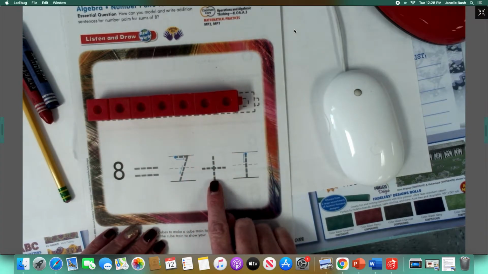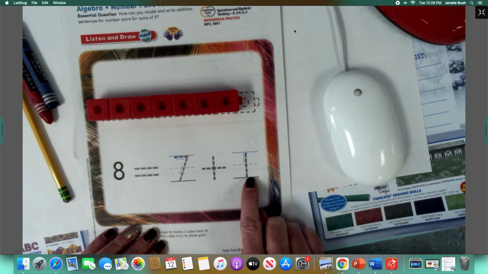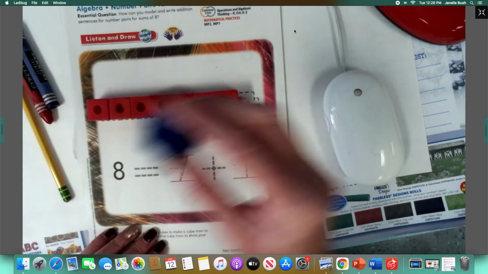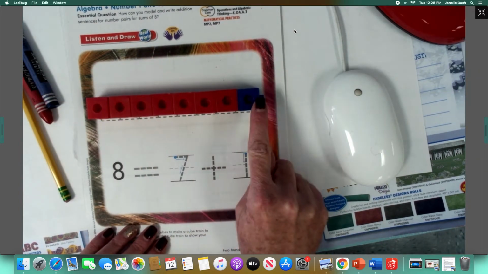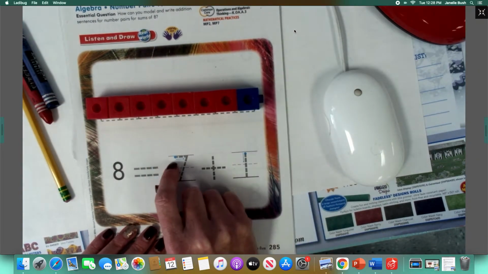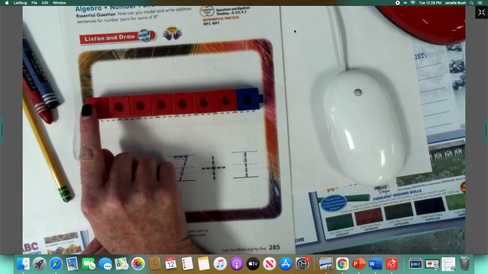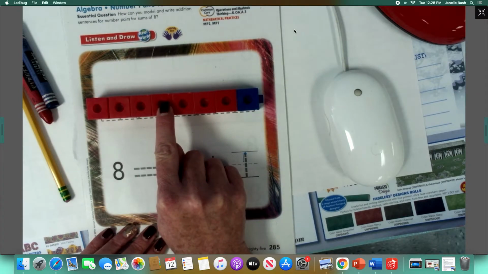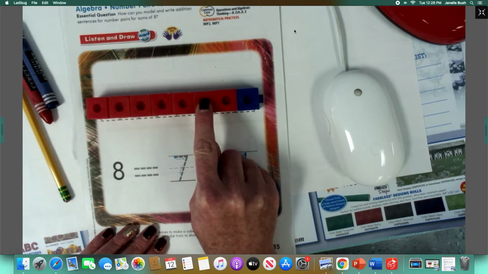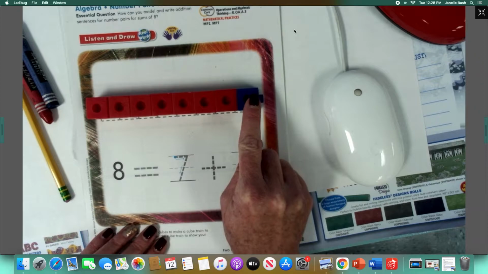All right, now it says plus 1. So how many blue cubes do you think we'll have? Yes, we will have 1 blue cube. So if we have 7 red plus 1 blue, let's count and see how many we have all together. Ready? 1, 2, 3, 4, 5, 6, 7, 8.